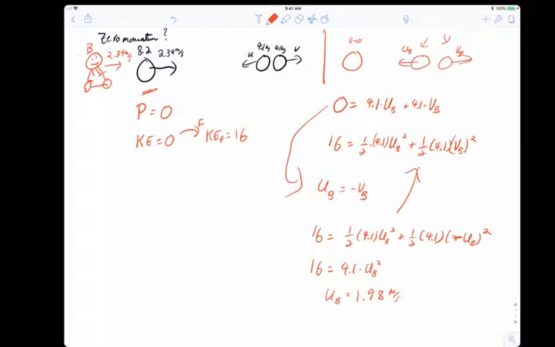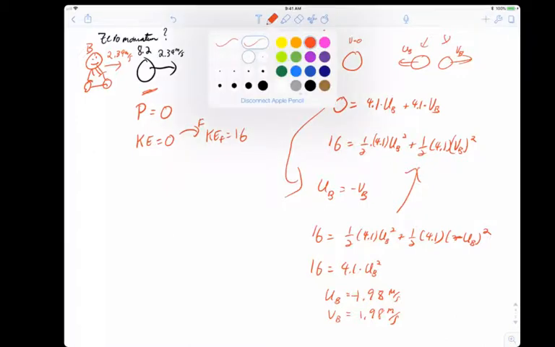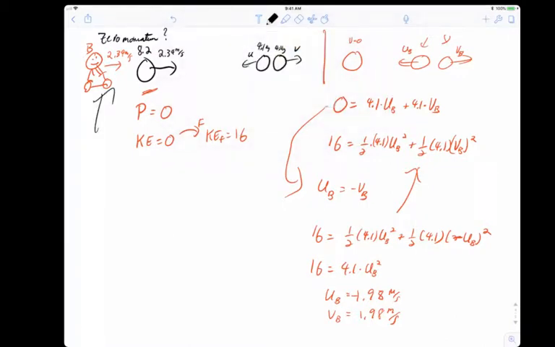Okay. So I guess UB is going that way, VB is going this way. And then all we have to do is transform back from our weird observer's reference frame to the original one.